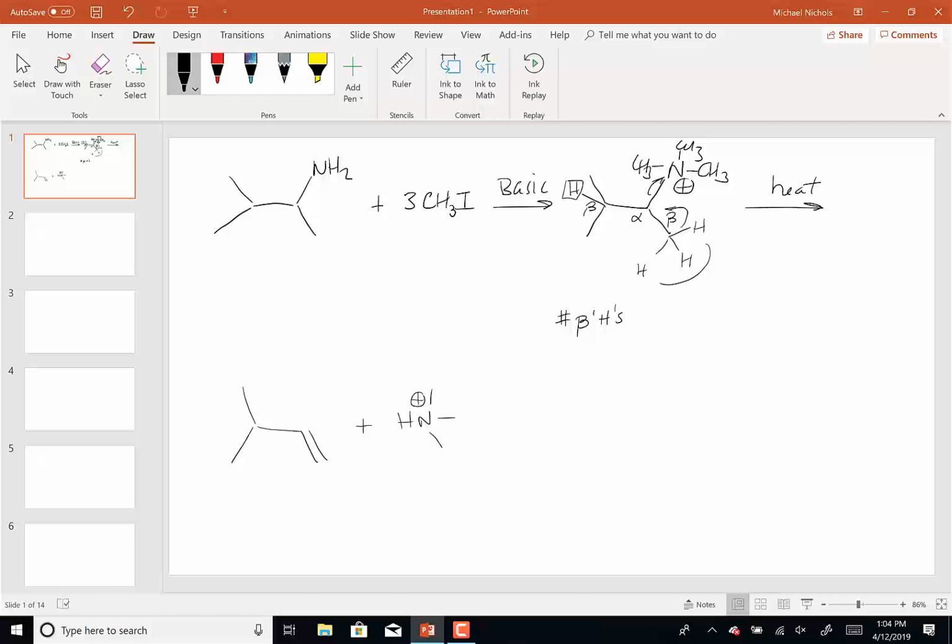So there's no base. This is totally based on heat. So this was Hofmann elimination. So that was the first one that we did.